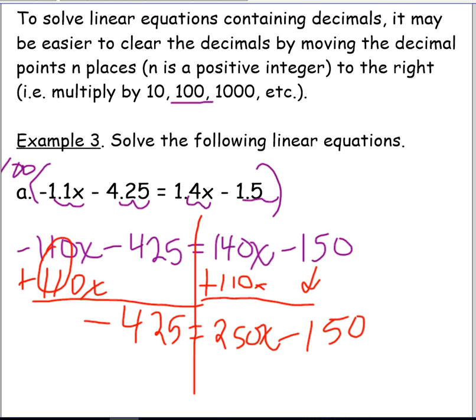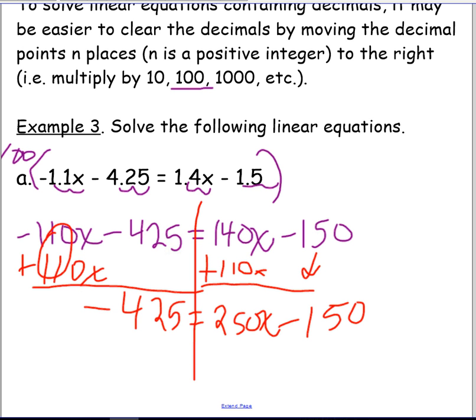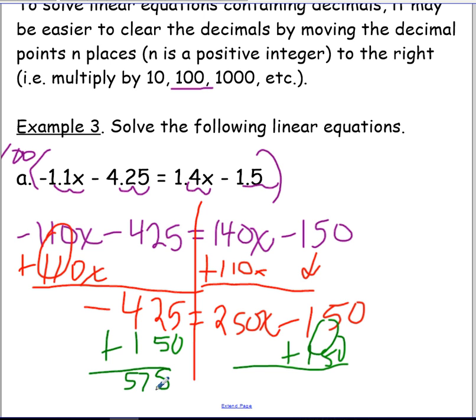So that means we're going to have to add 150 to both sides, so our x term is by itself. And when we simplify here, we will get 575 is equal to 250x.